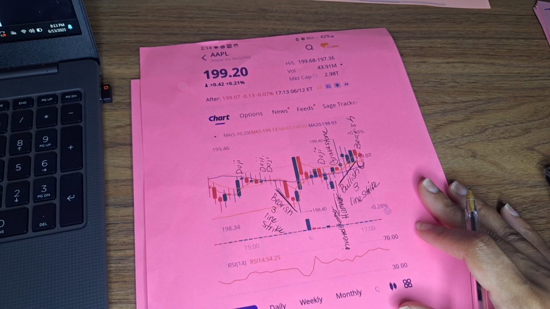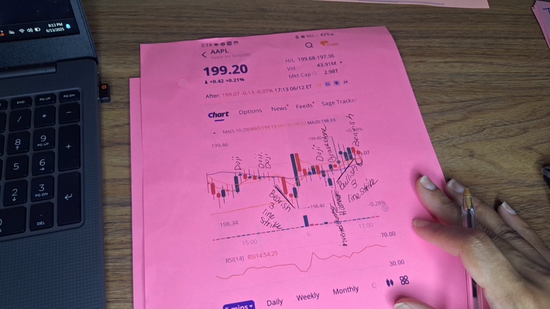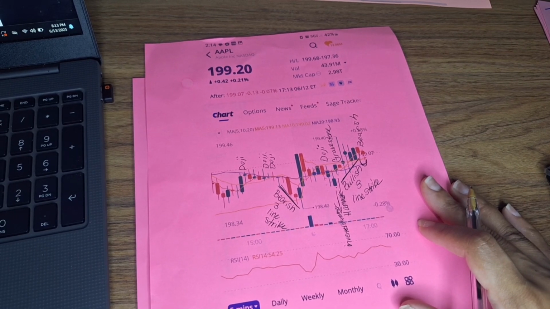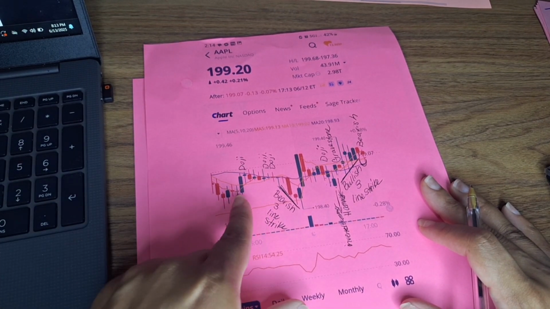So once again, I am just comparing notes on the laptop to the chart that I have in front of me where I placed a call.